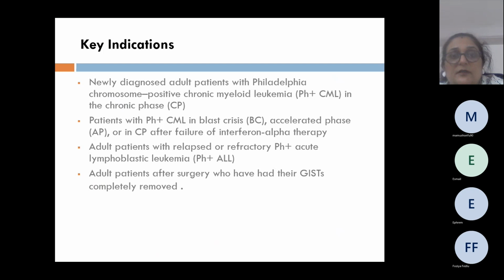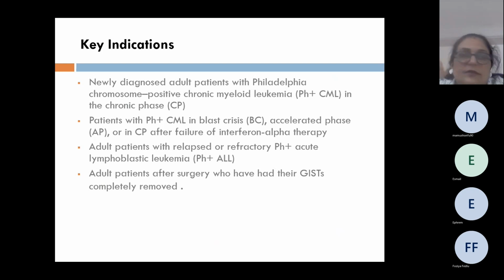And the third indication is it can be used for adult patients with relapsed or refractory Ph positive, that means Philadelphia positive ALL. We saw that it can be used for CML, but imatinib also has its role in ALL, that is acute lymphocytic leukemia.